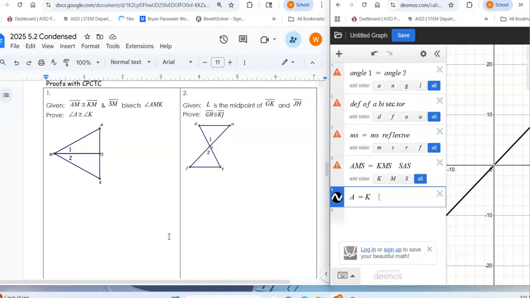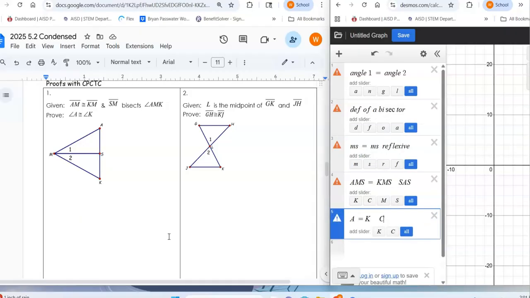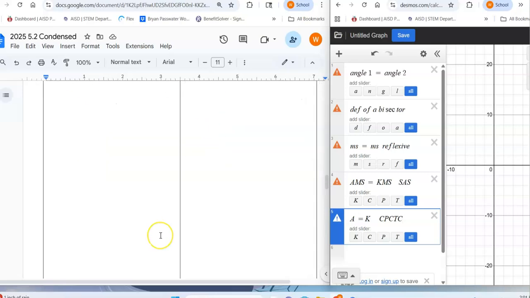Now the reason would be CPCTC, because in the previous line I'm saying those two triangles are congruent, therefore the other parts of the triangle I haven't identified yet, which are angle A and angle K, are also congruent, because the corresponding parts of congruent triangles are congruent. That's just what that is.